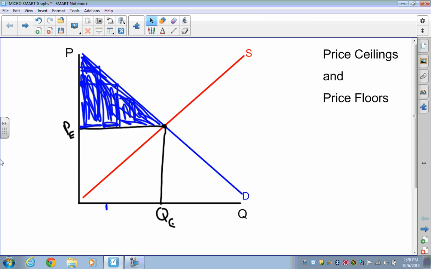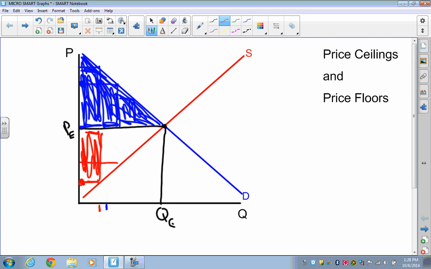On the other hand, we also have producer surplus. We know that at this price right here, people would supply this quantity. So they take this low price, except what price are they able to sell it for? Much higher, up here, which means they get all this extra benefit every time they sell it.